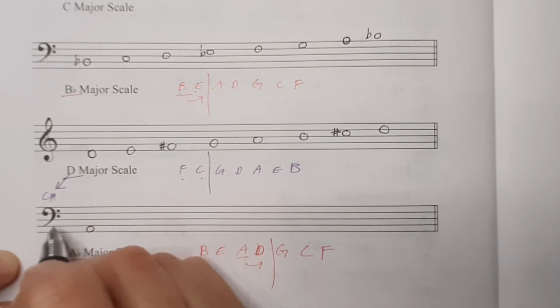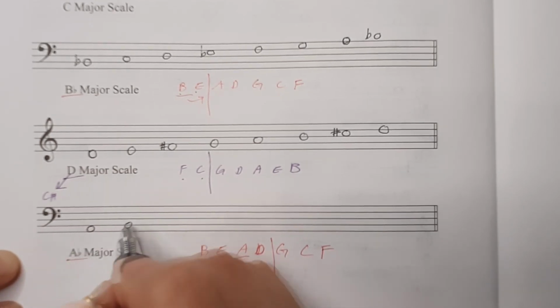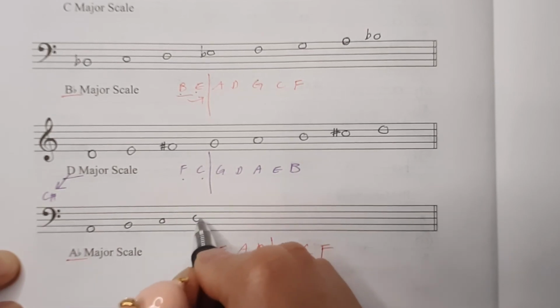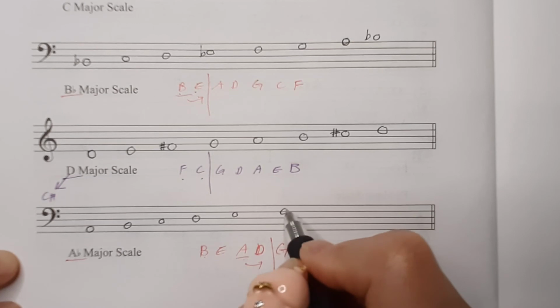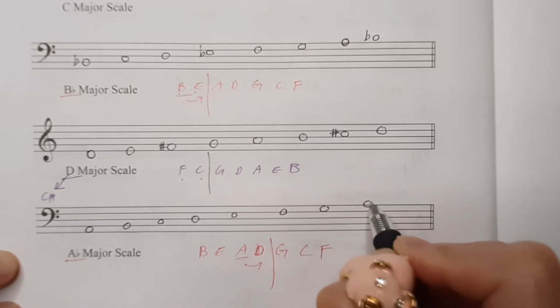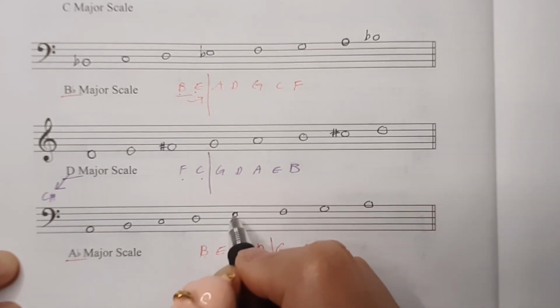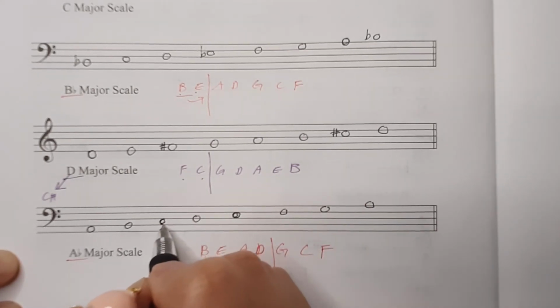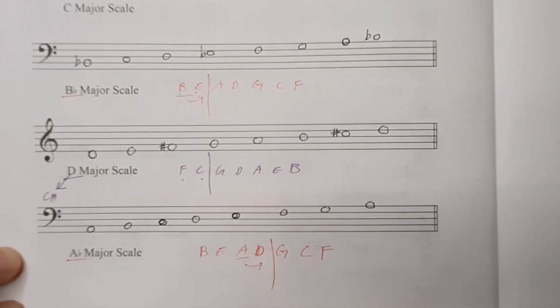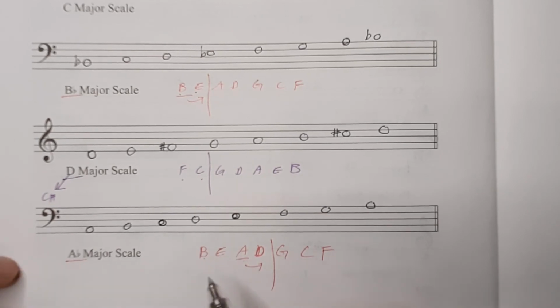Here's A. This is the bass clef. B, C, D, E, F, G, A. Oh, my E is a little too tiny, and the C is a little too tiny too. Ah, that looks better. Now, how do you do it? You go up to A and do one more.